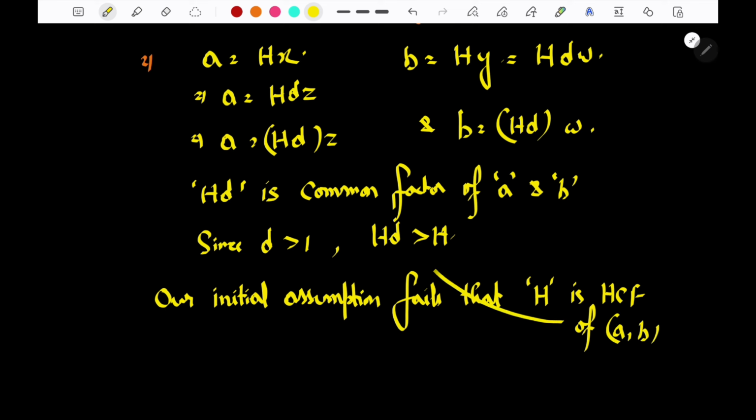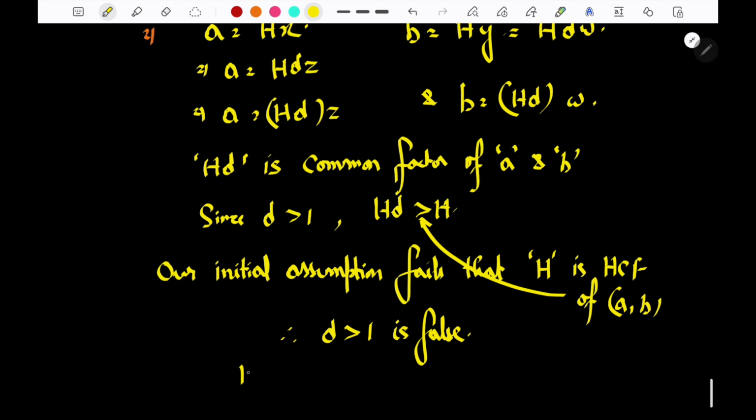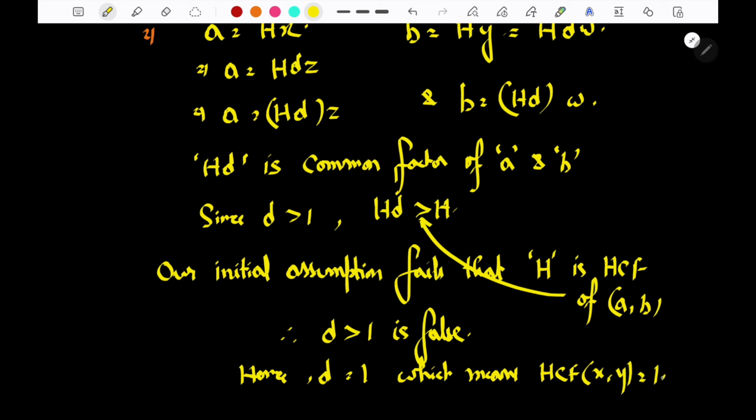Why? Because there is another highest common factor, that is hd, coming. So therefore d greater than 1 is false, and hence d is equal to 1, which means HCF of x comma y is equal to 1. This is what we are required to do.